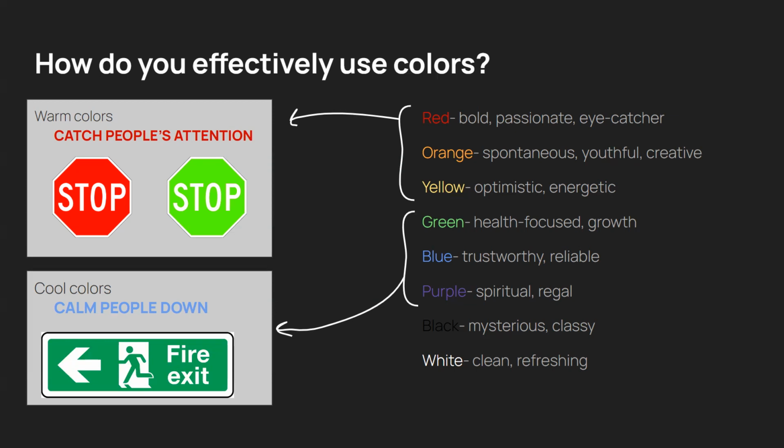And then purple is spiritual, but also kind of regal. I can think of Twitch right now. This one, I think it's like a mix of blue and purple, like a periwinkle color.